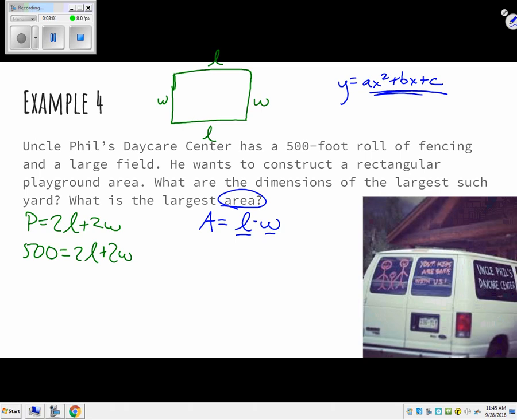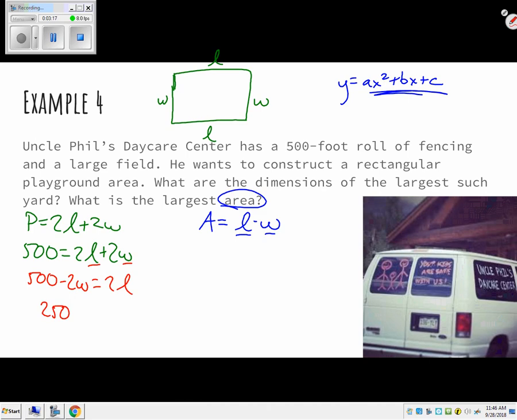So to fix this, I'm going to come over here and I'm going to solve this for either L or W. I don't know, I'm just going to choose L. It doesn't matter which one, I'm going to get the same answer. So I'm going to subtract 2W from both sides and then divide everything by 2.